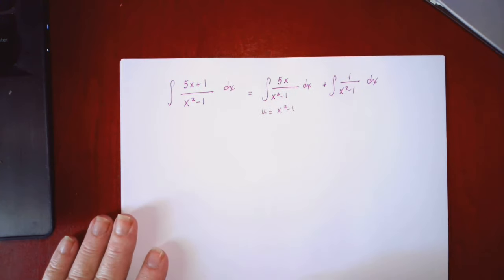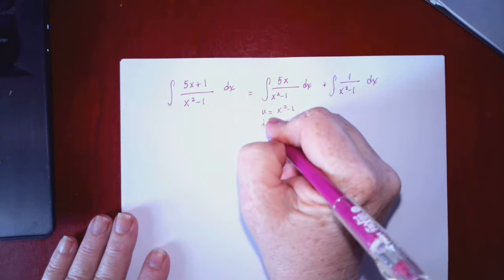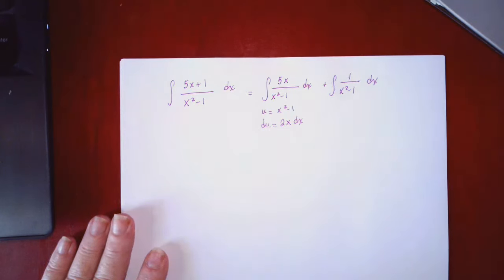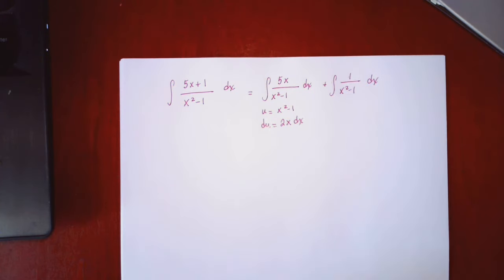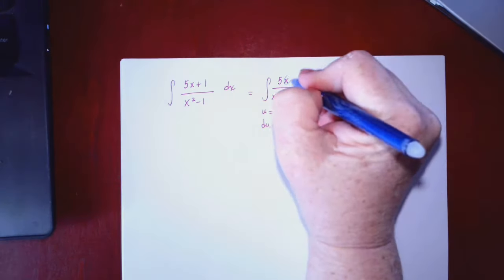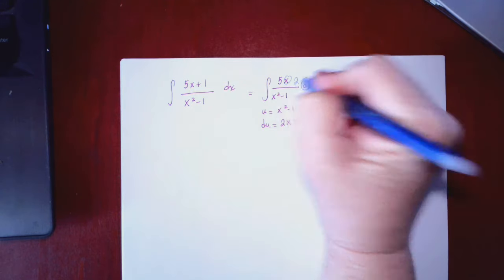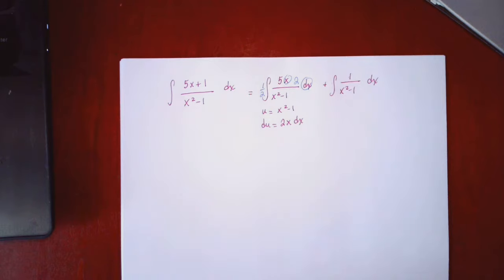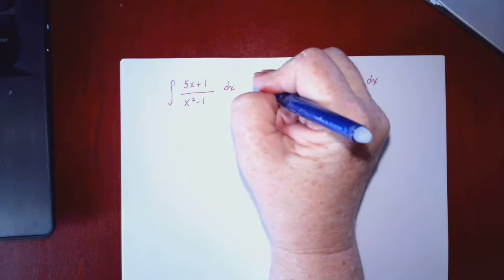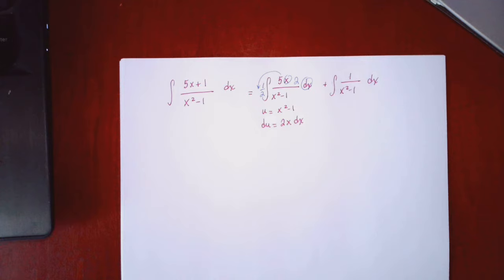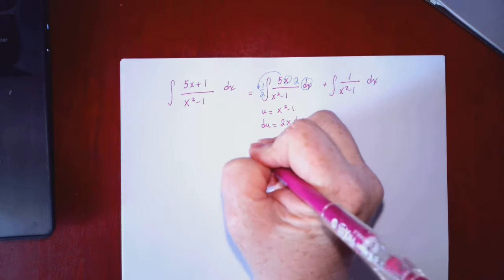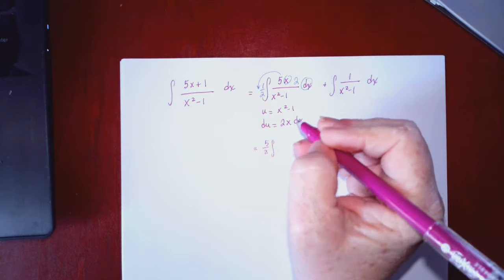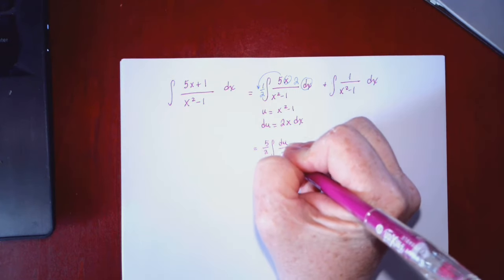And if u is equal to x squared minus 1, then du will be 2x dx. So I already have the x and I have the dx, so I'm going to multiply by 2 and reverse it with a 1/2. And then I'll just factor that 5 out front. So I will end up with 5/2 times the integral of du over u.